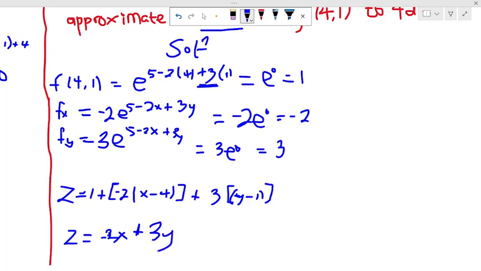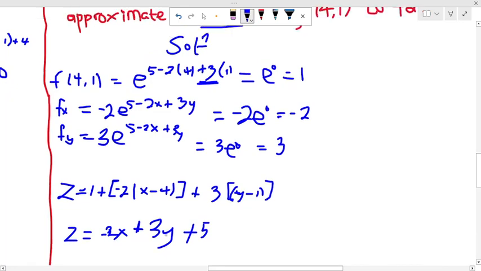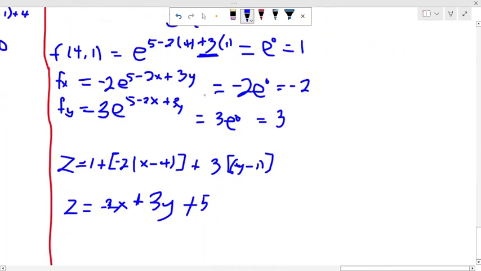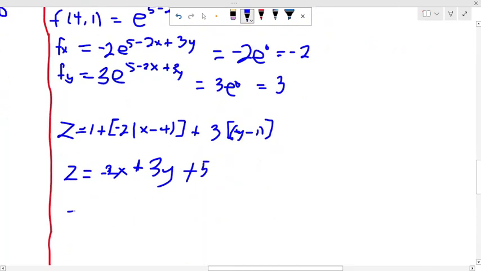Now let's evaluate the constant. We have 1, negative 2 times negative 4 gives us positive 8. That's 1 plus 8. Now minus 3 gives us 5. Now this is our equation we are going to use to approximate our point 4.1, 0.9. So now let's approximate the point. Let's substitute.